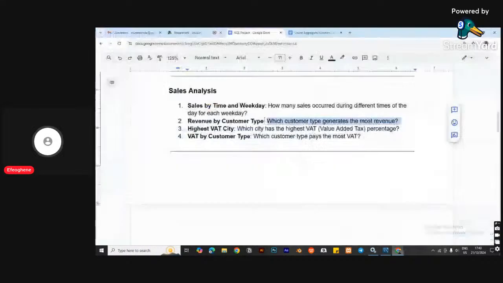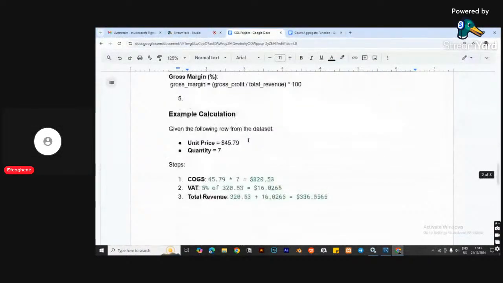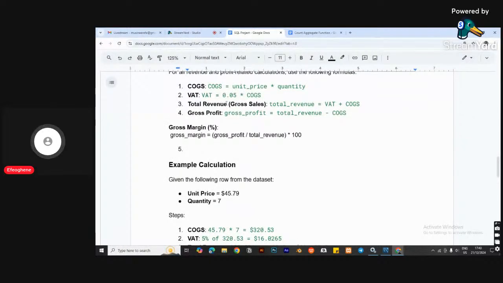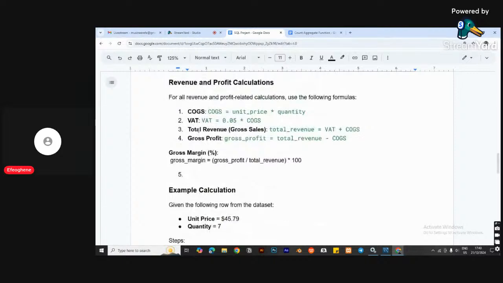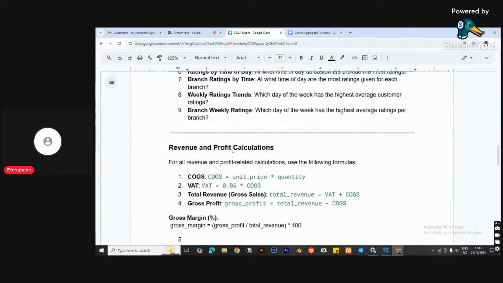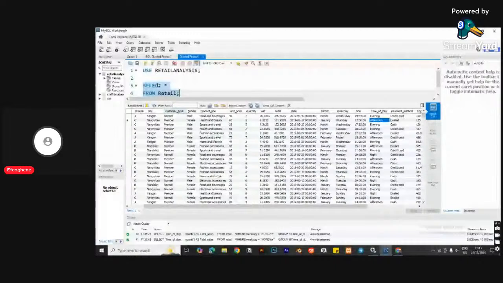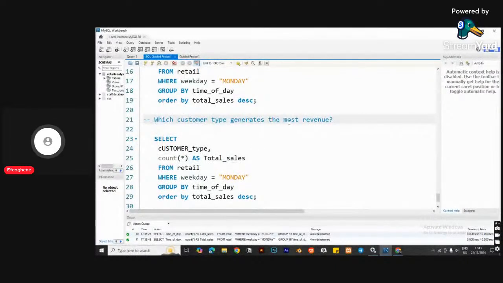If you look at the data set here below, you can see how we got total revenue. So there are calculations here. So that's what this question is saying. Which customer type generated the most revenue?